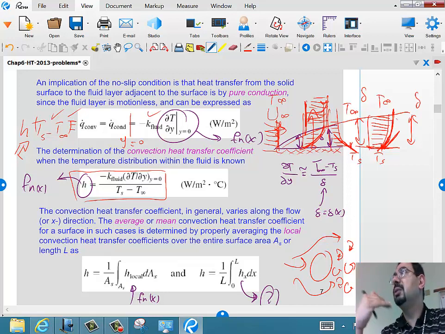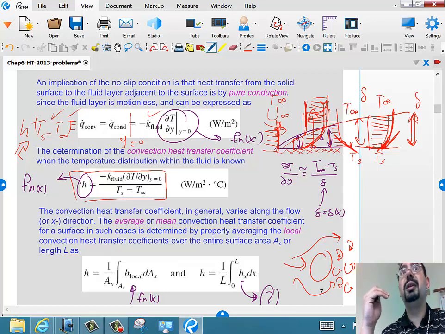Or if there's turbulence, the turbulence takes its time to spread this wall velocity and temperature. So what I'm saying is that the temperature profile and the velocity profile will grow bigger and bigger as we move along the plate. They start very small and then they end up being very big. So the boundary layer grows, basically.